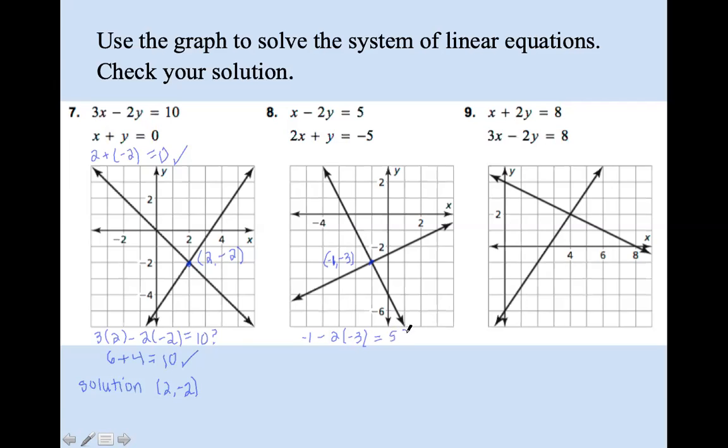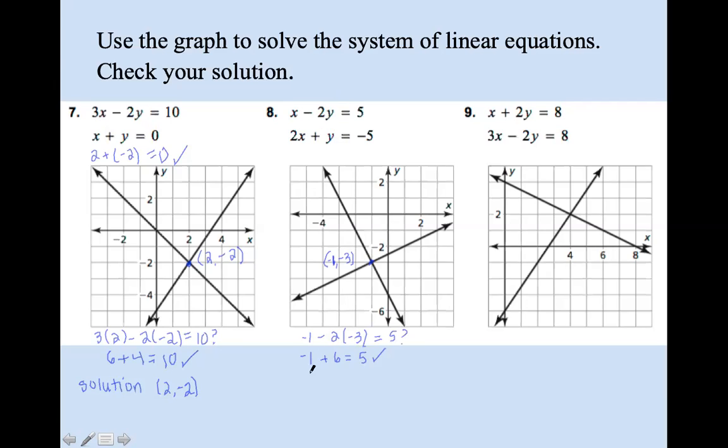So far what I'm doing is I'm replacing the x and y in this equation with -1 and -3, because that's this point. So -1, a -2 times a -3 is a positive 6. And -1 plus 6 is in fact equal to 5. So that works in that one.